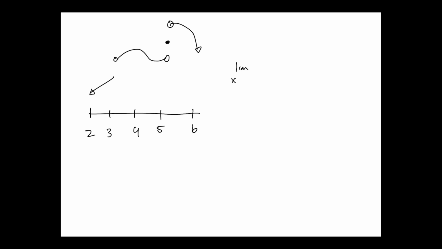Now, if I come at 3 from the left-hand side, oh, and I should probably sketch the y-axis also. So we've got 0, 1, 2, 3, etc. Okay, 4, 5.